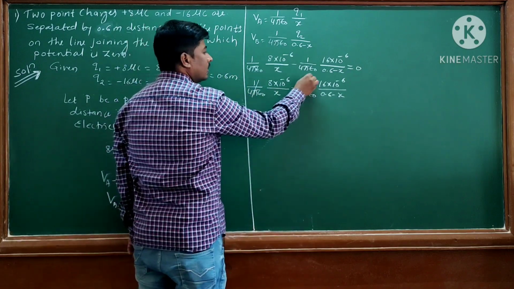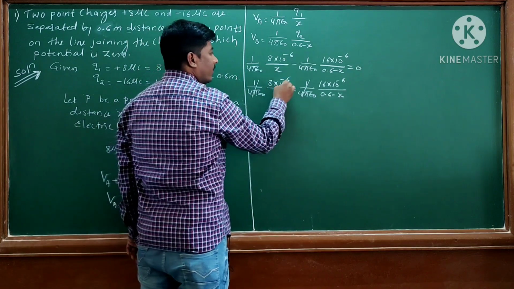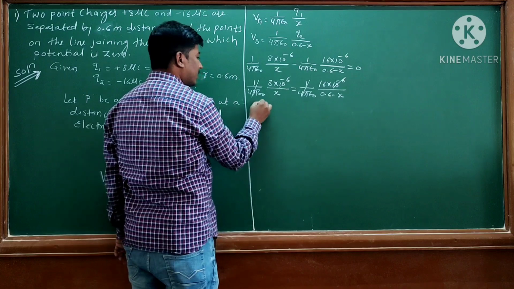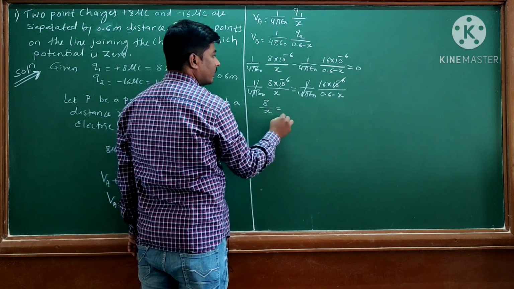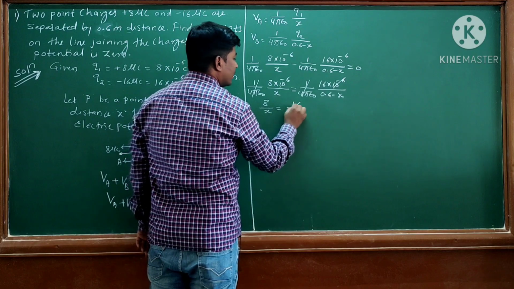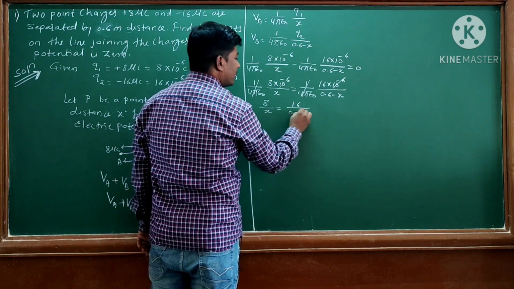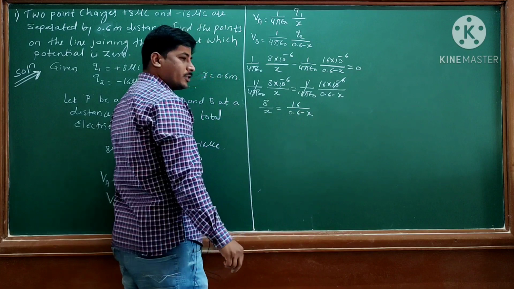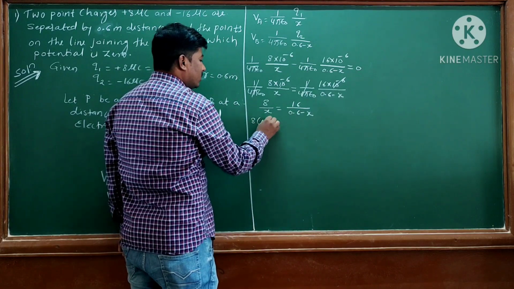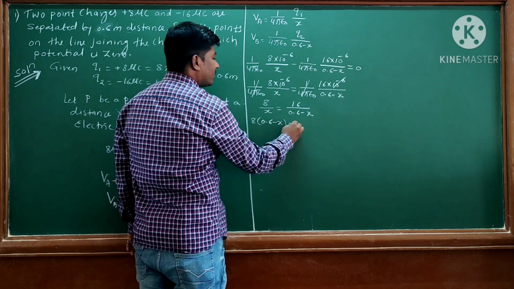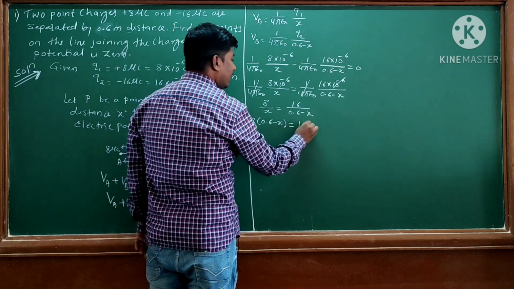So this gets cancelled, 10 to the power minus 6, 10 to the power minus 6 get cancelled. We have what? 8 by x is equal to 16 divided by 0.6 minus x, right.